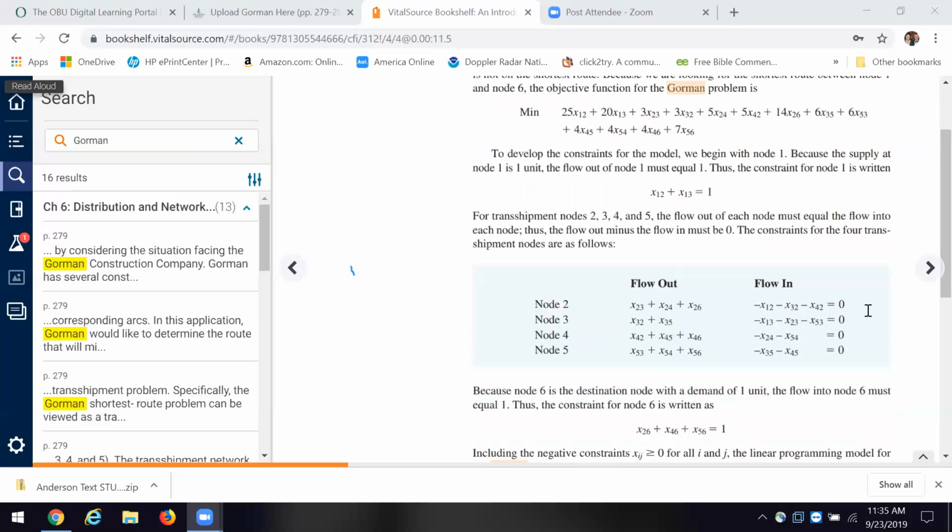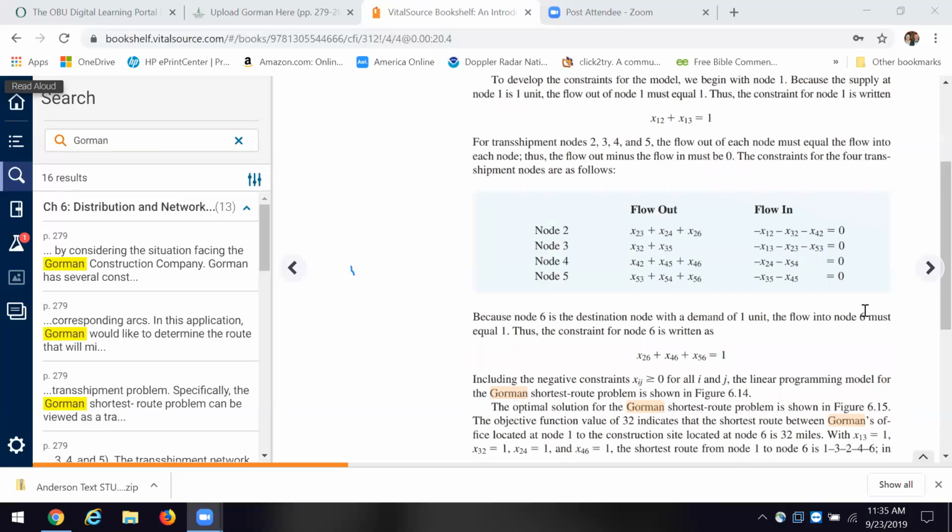Well, as you look through here, we could see this in terms of flows. These transportation problems or node problems, when they talk about flow, this could be transmission of electricity, water, natural gas, or whatever item or items you've got. You see the flow out and the flow in. The destination node is 6, so it's got 1 unit.